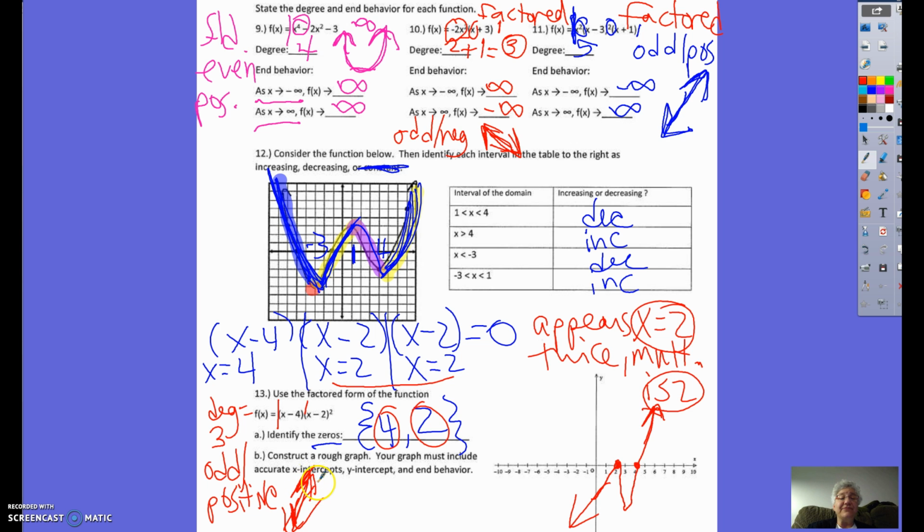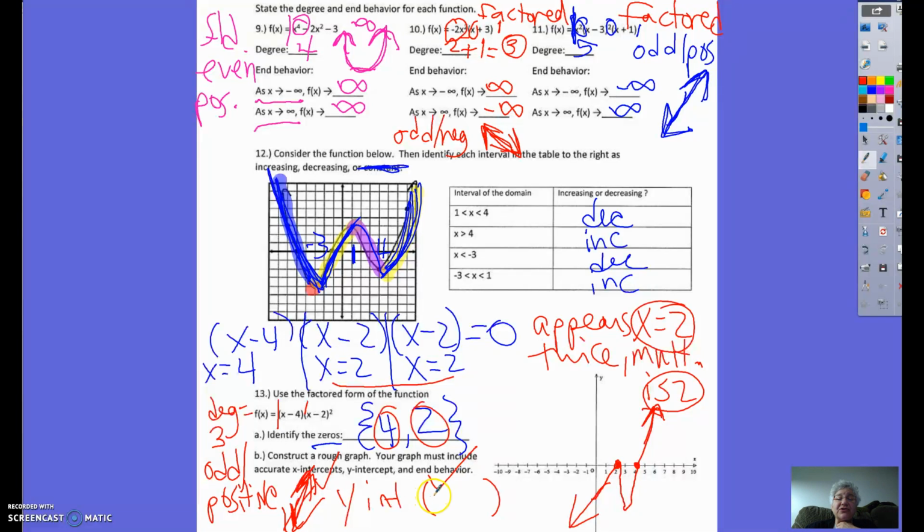The last thing that we have to do, we did x-intercepts and end behavior, is we must do the y-intercept. If I plug x equals 0 into my calculator, that means I put my function, x minus 4 times x minus 2 whole thing squared, into y1, and I hit the trace button.